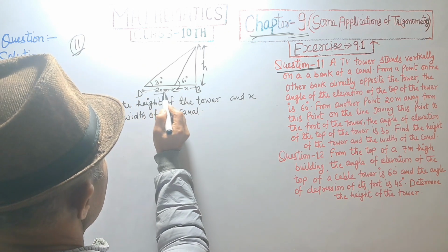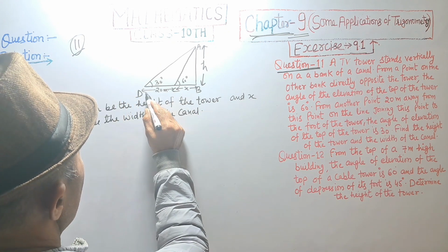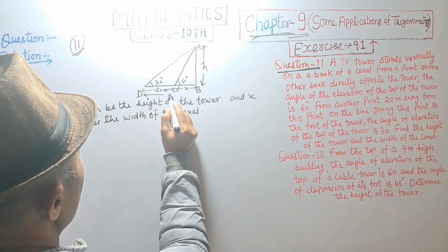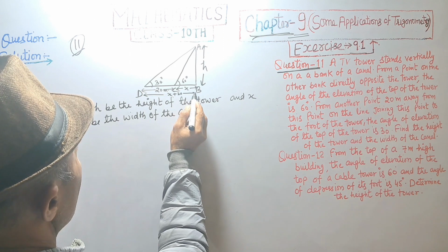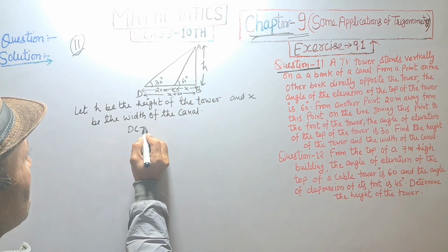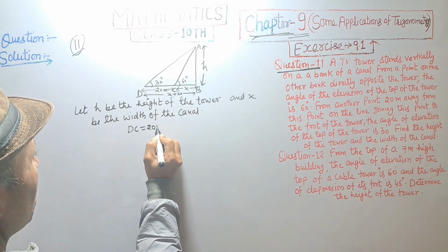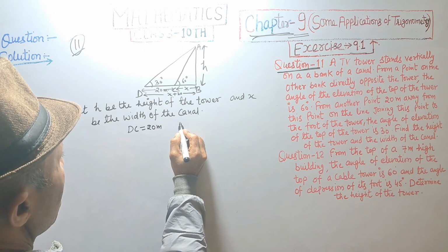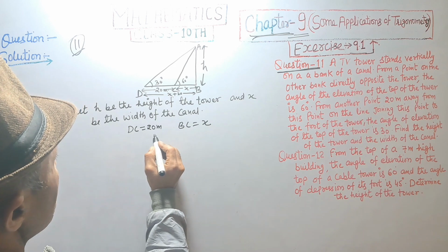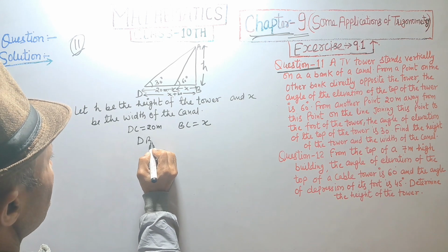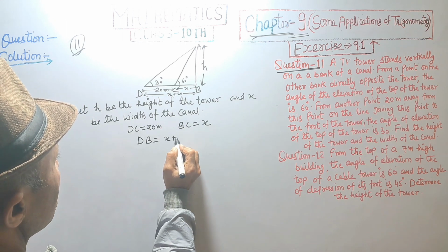CD is 20 meters. DC is equal to 20 meters and BC is equal to X. DB is equal to X plus 20.